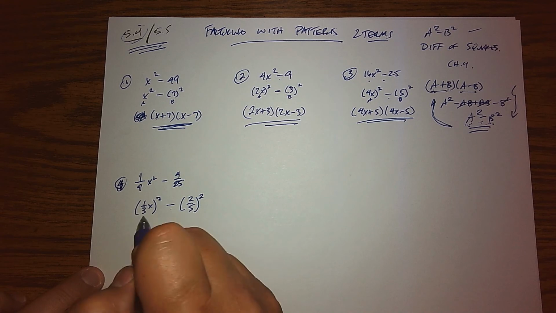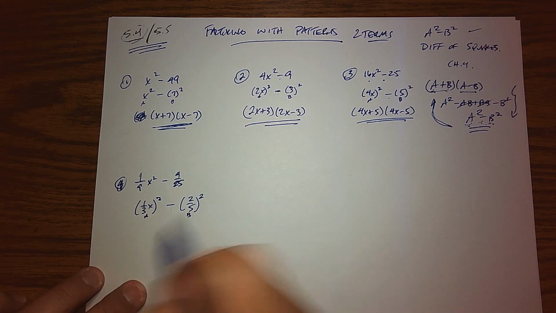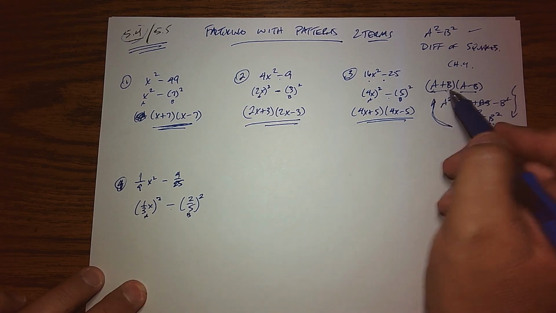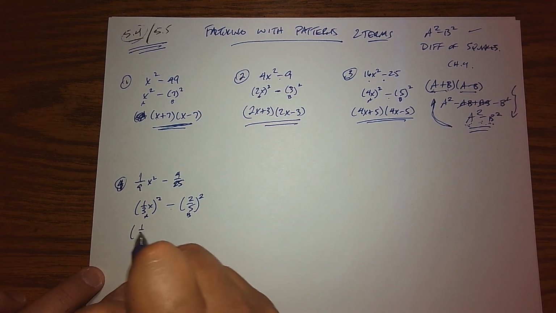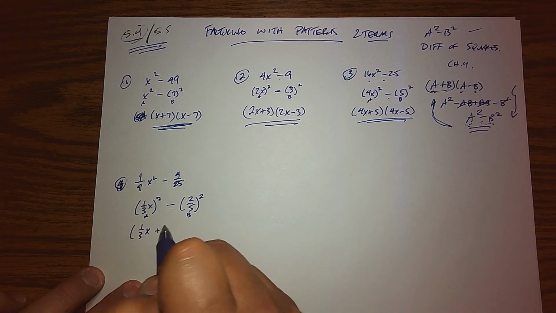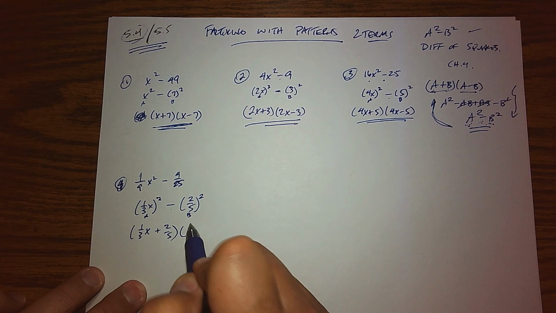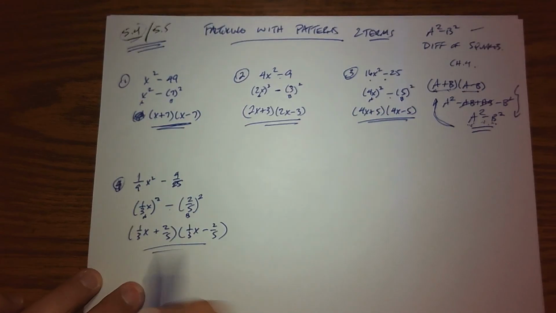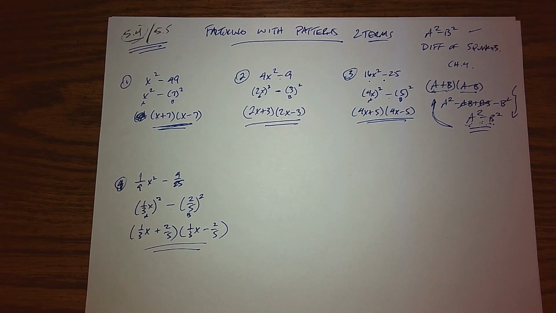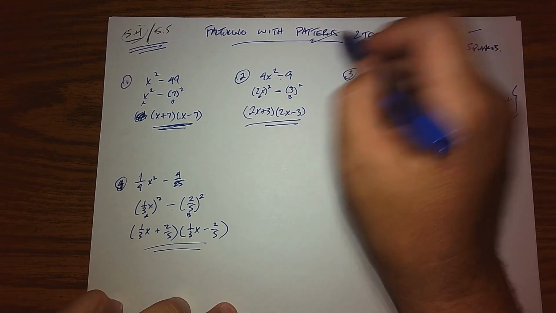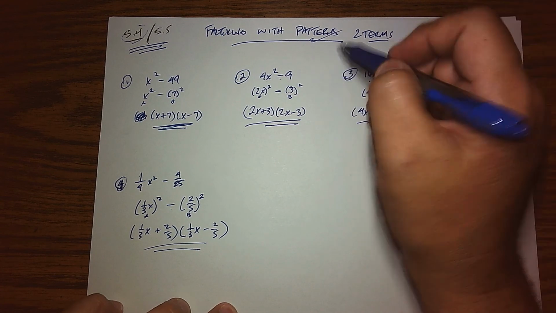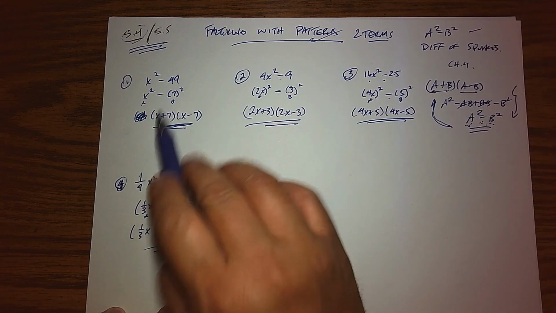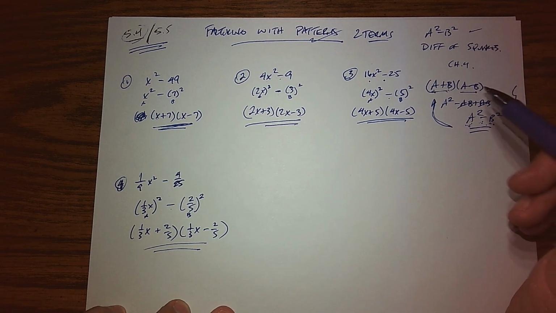And so here's my A and here's my B. And so the pattern says add the bases, subtract the bases. So we get 1/3 x plus 2/5 and 1/3 x minus 2/5. And there we go. So basically we've been able to factor 4 polynomials pretty quick because we were able to recognize the pattern. We were able to fit the pattern, figure out who's A and who's B, and then just plug them into our formula.